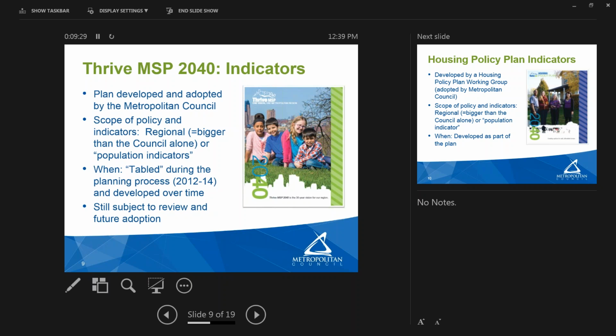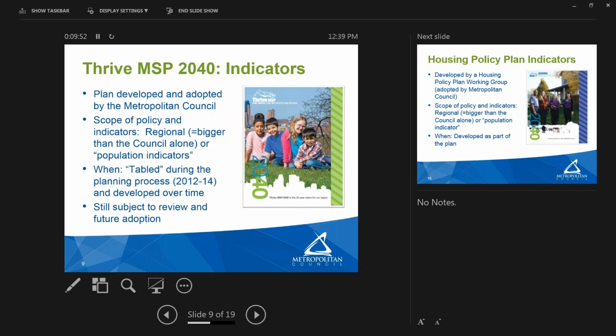The other key thing to think about, and this has been a source of tension, is that the Thrive indicators are lined up with the Thrive document, which is encapsulating the council, our relationship with cities, how cities work with developers and population. So it's really trying to be a regional indicator.